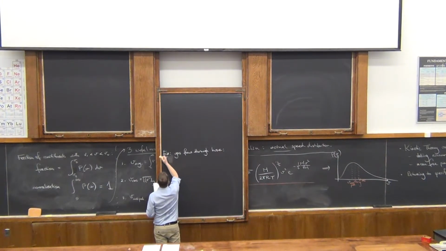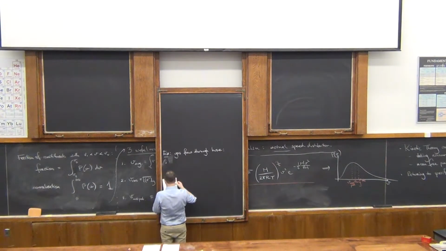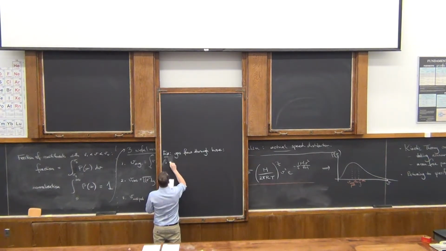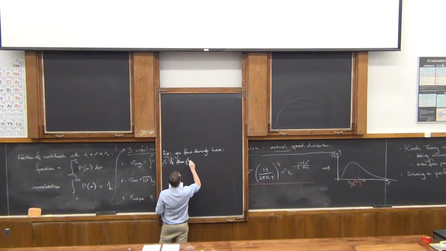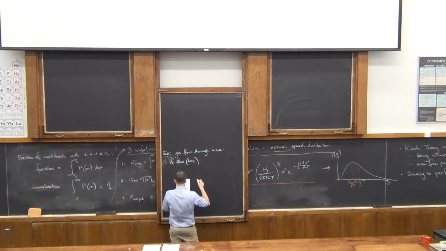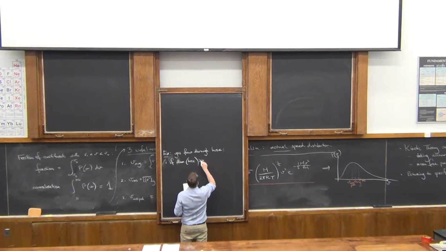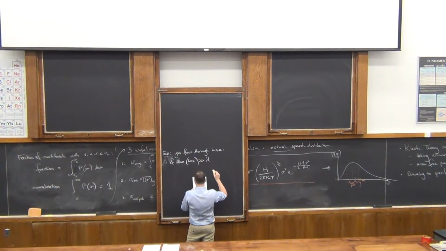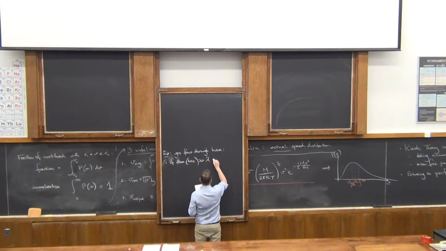So a statement to begin with and then a calculation from all of you. If the hose diameter is much larger than the mean free path, then we can basically treat our gas as a fluid.